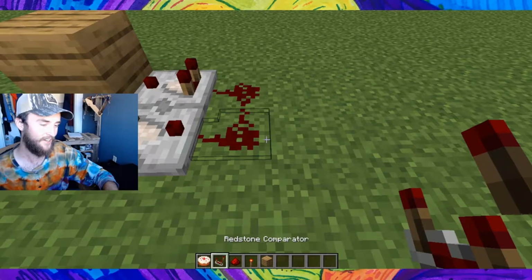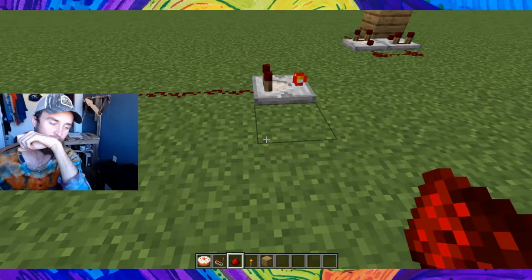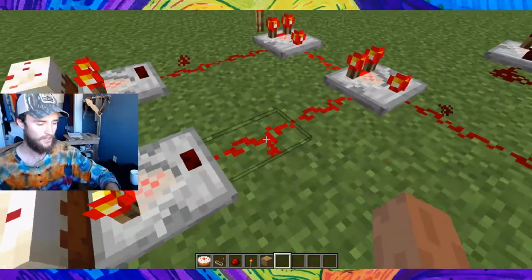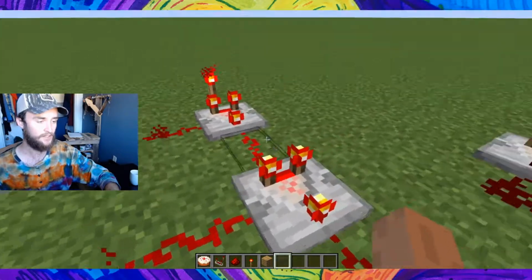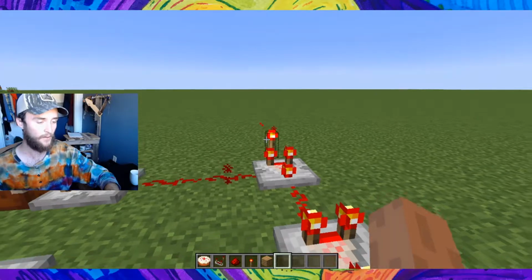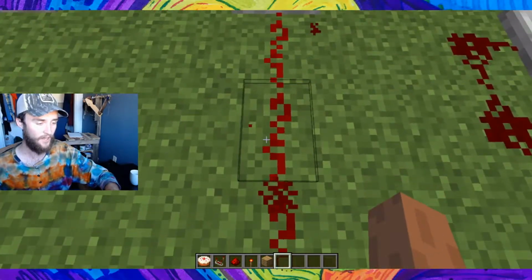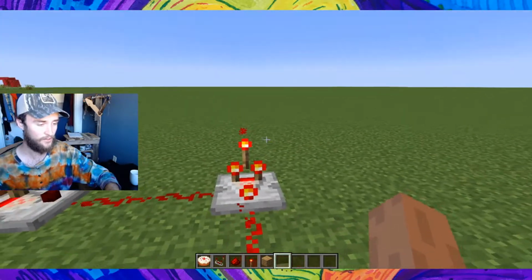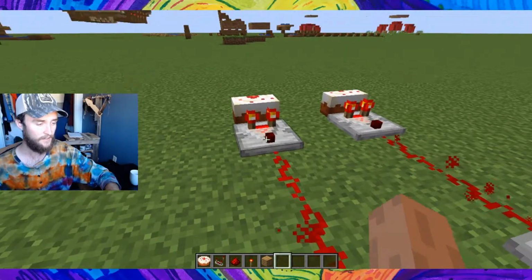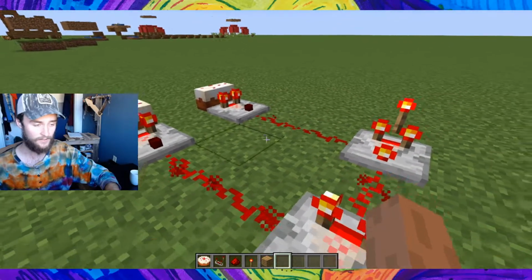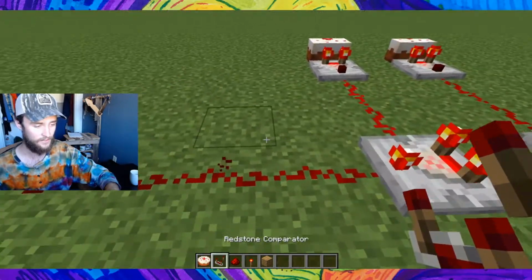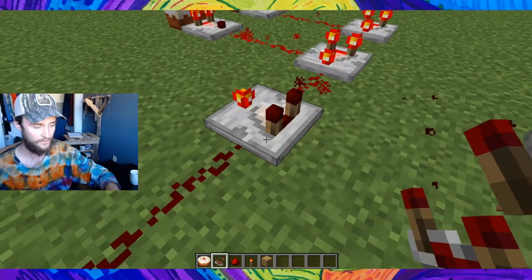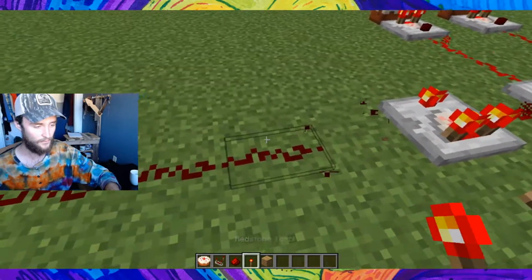What am I going to try? So how do you do addition? You can subtract negatives. Both these signals are being subtracted from the torch's power. So right here, what's coming out of this comparator is torch minus A minus B. Here's the trick: put this into another comparator and give it full strength.